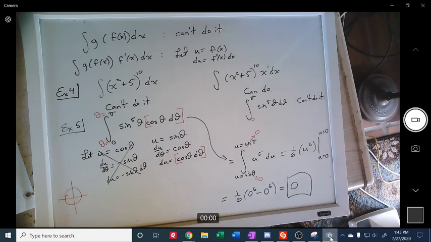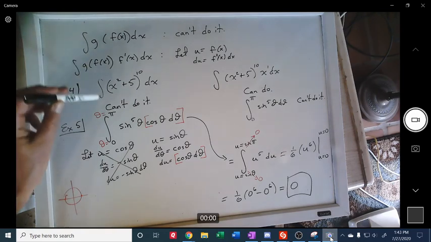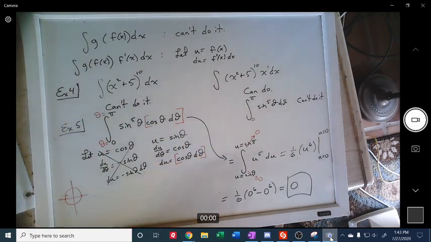I am going to guess that there's a lot of you now that feel like, holy cow, this was pretty tough, pretty abstract. And it is. It's very doable, but it might take a little time to get used to what's going on and how these things up here relate over into here to do all these with the u substitution.